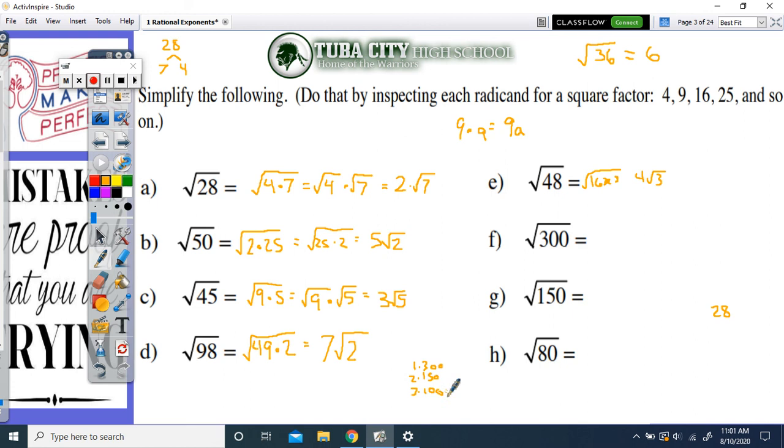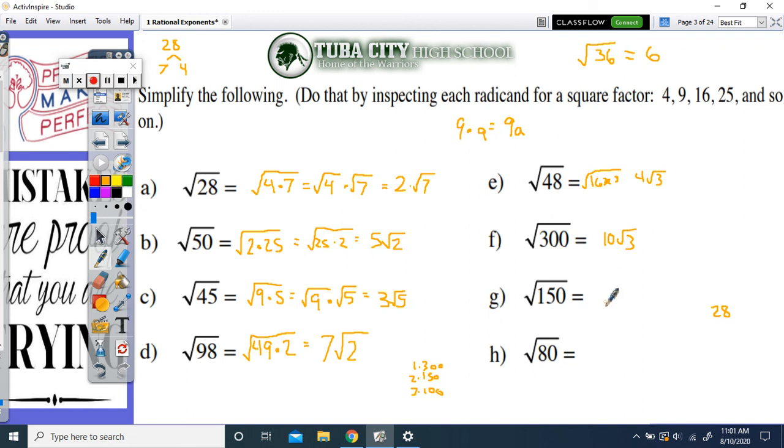Since 100 is a square number, because it's 10 times 10, 10 is going to be our outside number, and 3. Again, I'm trying to go through this to give you the answer, but hopefully you tried this out and you got 10 root 3.